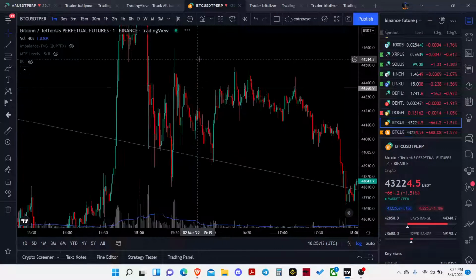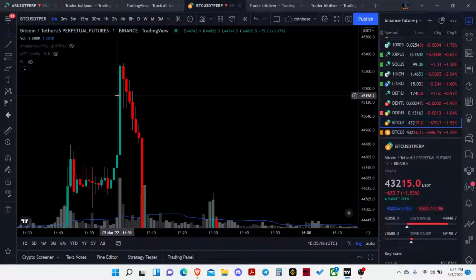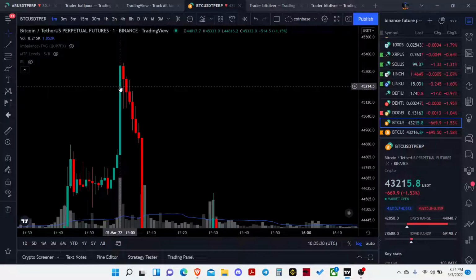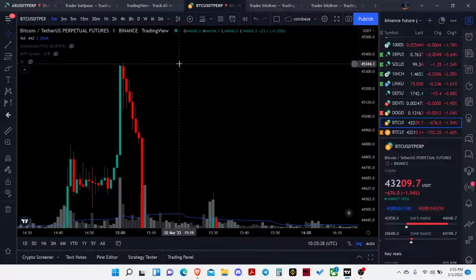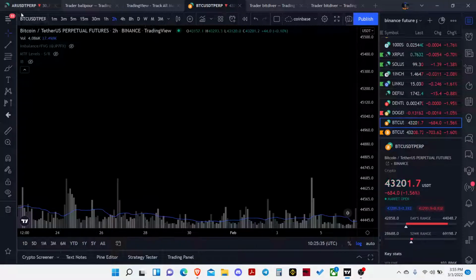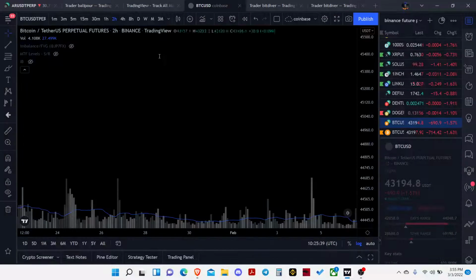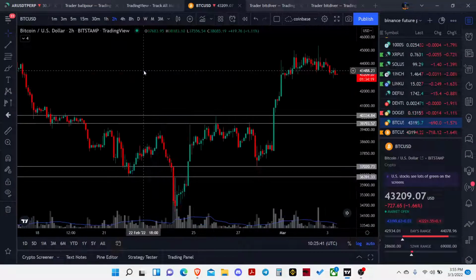But here it is, you can see the big volume. 8.2K, 8.2 BTC. It is not in USDT, but 8.2 BTC. It's approximately 300 million volume at the spike, and this would most probably be a case of stop loss grabbing or something like that.